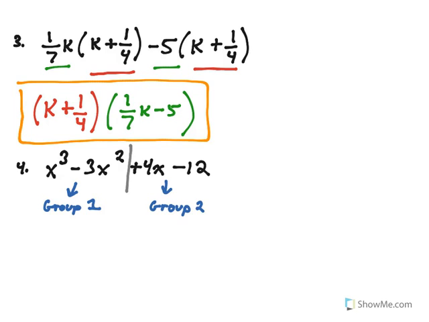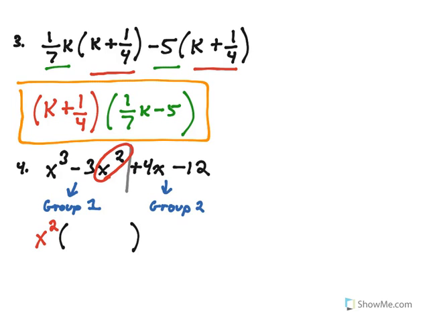However, we can factor out an exponent, and we want to choose the lowest exponent between the 2 terms. So x cubed, and then we have x squared. So x squared is what we're going to factor out, and now we have something left behind.